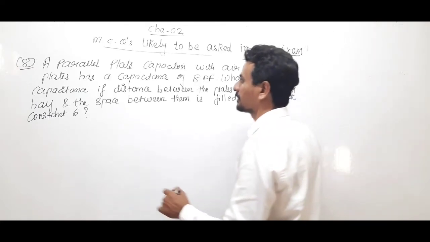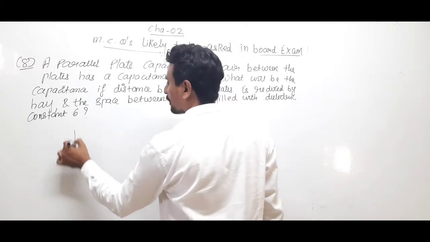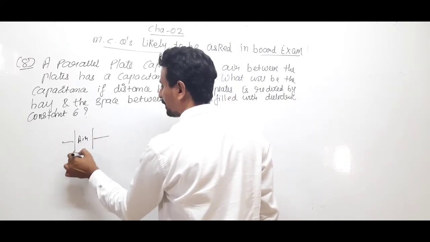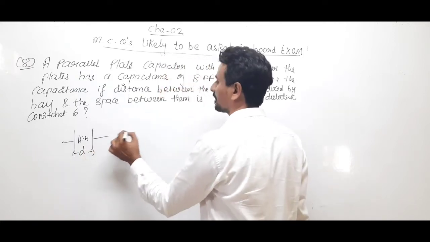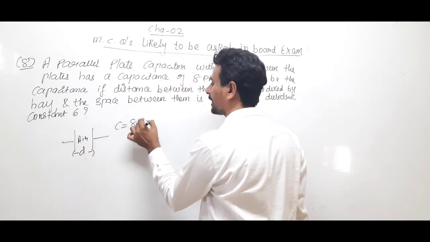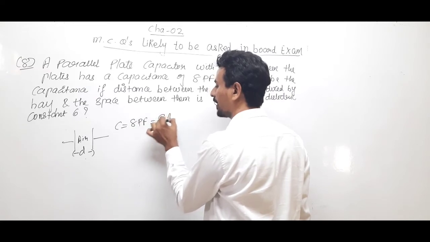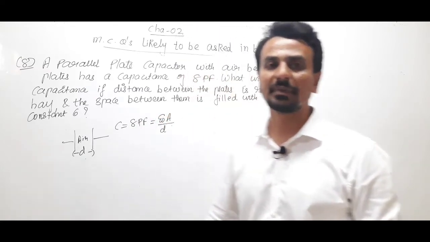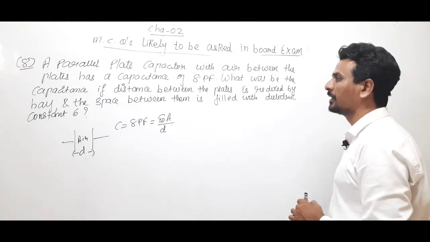First, with air between the plates, let the separation be D. So capacitance was 8 picofarad, equal to epsilon naught A upon D, because for a parallel plate capacitor, capacitance is given by the formula epsilon naught A upon D.